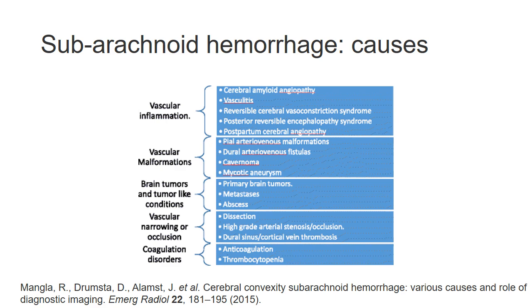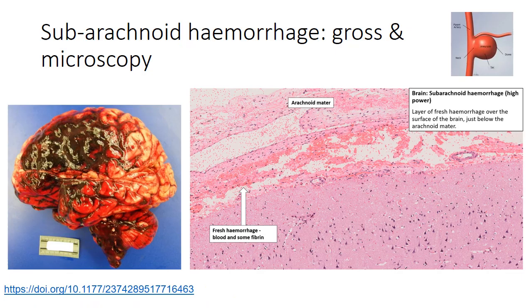There may be a dissecting aneurysm that ruptures, resulting in a subarachnoid hemorrhage, and coagulation disorders due to anticoagulation and thrombocytopenias.